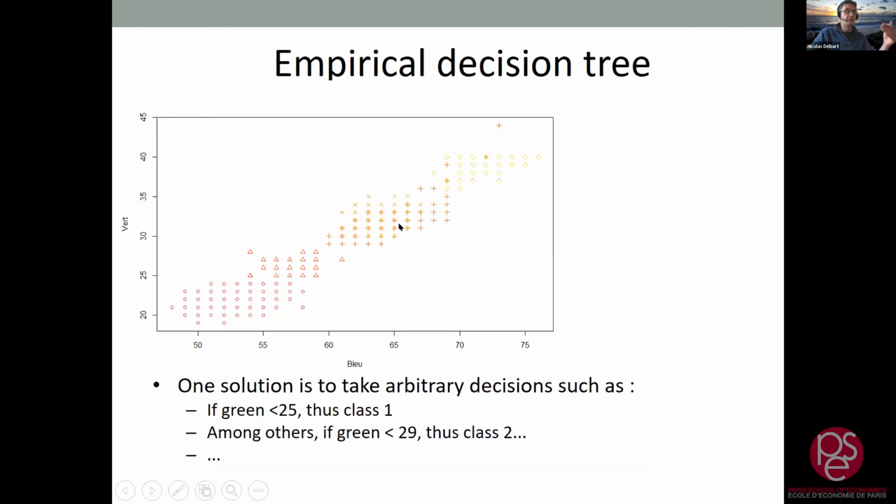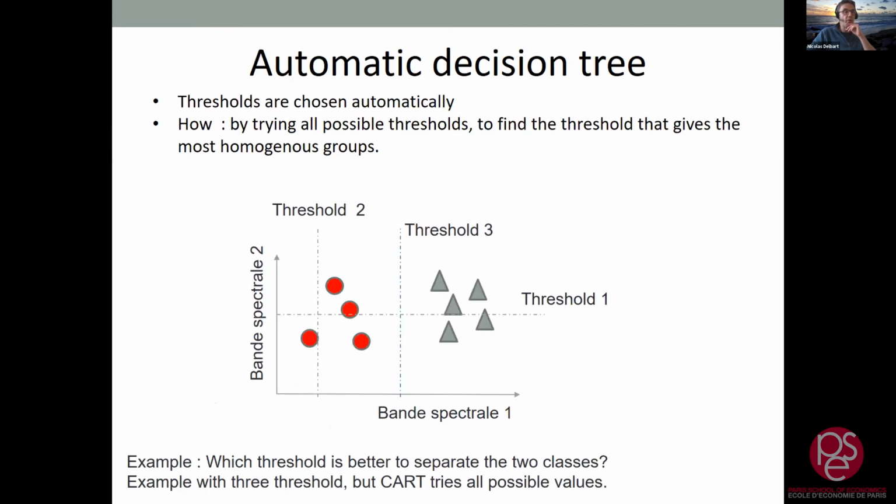So this empirical decision tree is very efficient. Of course, we don't really want to make these decisions ourselves, so we are looking for an automatic decision tree, in which the thresholds are chosen automatically. The method relies on trying all possible thresholds.